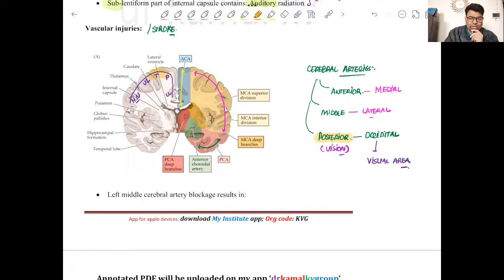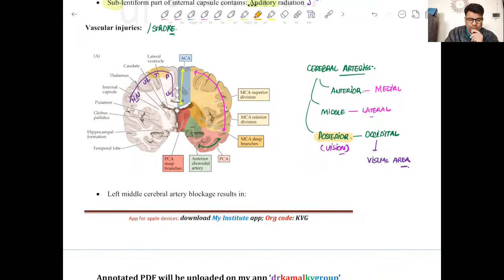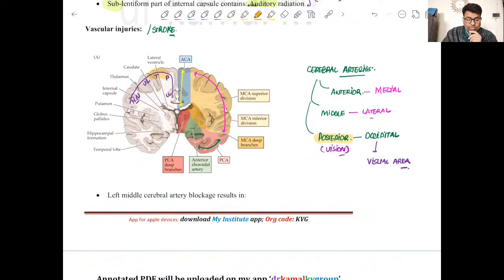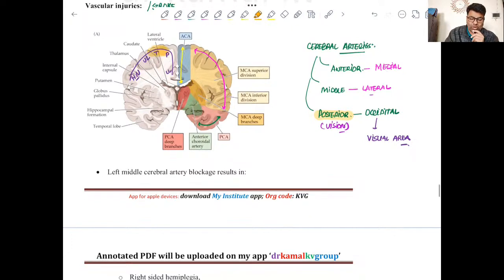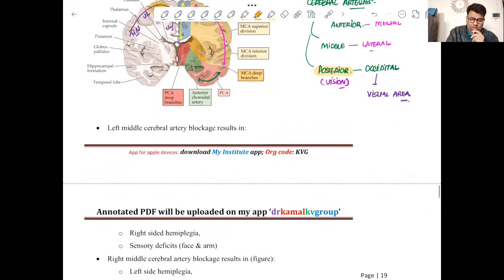That will affect the respective part of the body as per the homunculus. Not the entire body will be paralyzed. It will be only the part which is represented in this particular area of the homunculus. So that is the importance of knowing the homunculus. Now, when there is involvement of an artery on one side, the manifestations are on the opposite side.